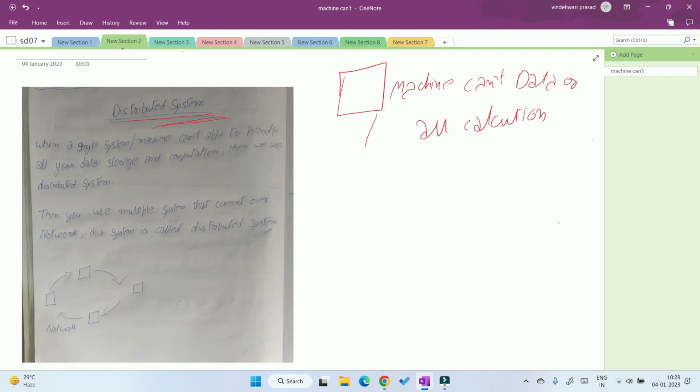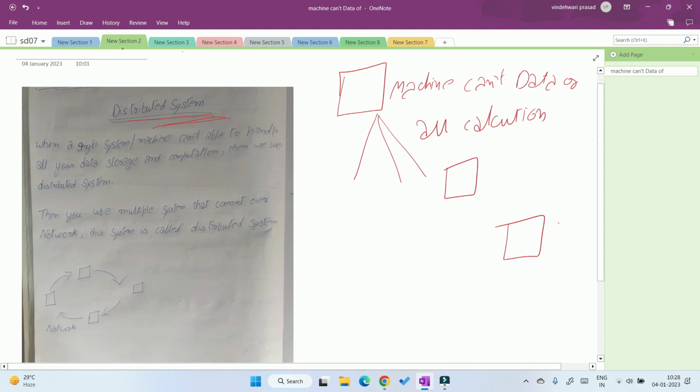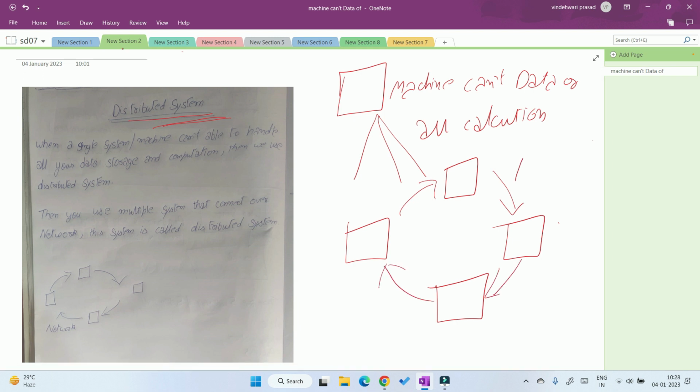To avoid this, we distribute our data into different machines which are connected over a network. When a single machine can't handle all your data storage and computation, we use a distributed system. We use multiple machines connected over a network, and this is called a distributed system.